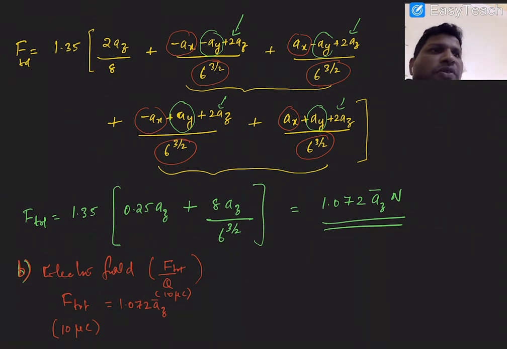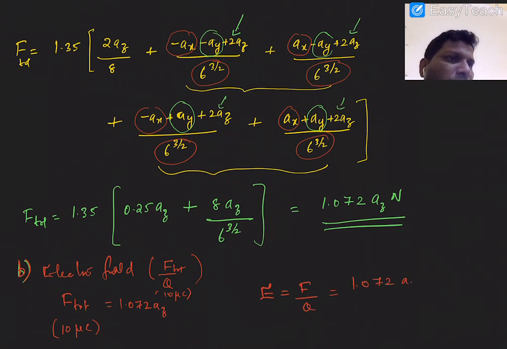So the electric field is given as E, which is equal to F divided by Q, which is equal to 1.072 into AZ divided by 10 microcoulomb.